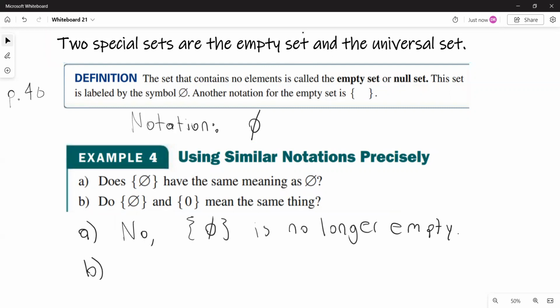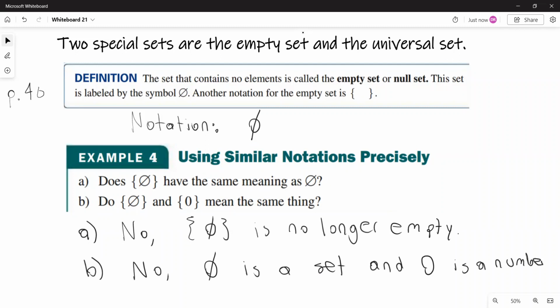Again, the answer is no. They are completely different things. This is a set, and the number 0 is a number. We actually mentioned that example when we did the problem solving techniques, the splitting hairs principle.